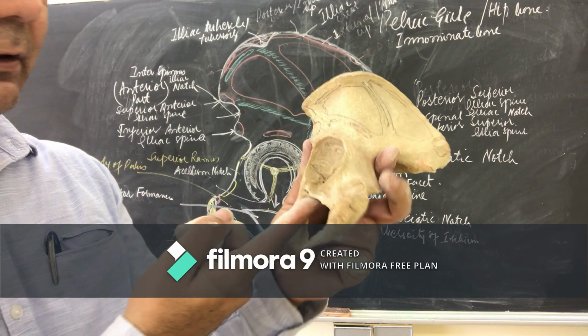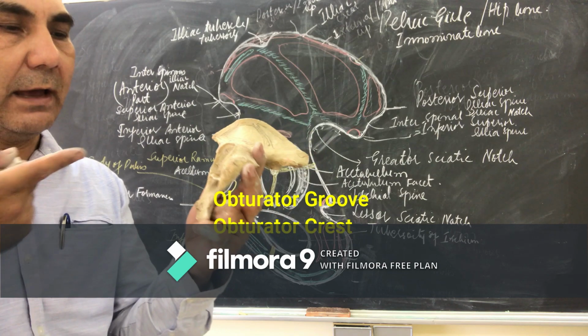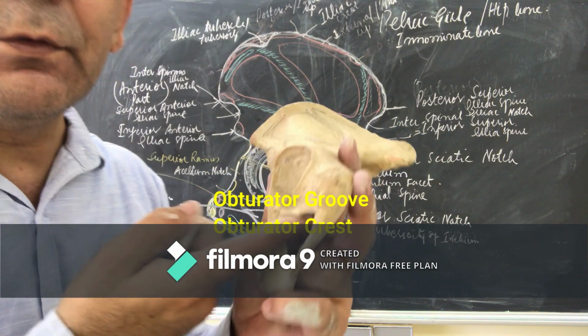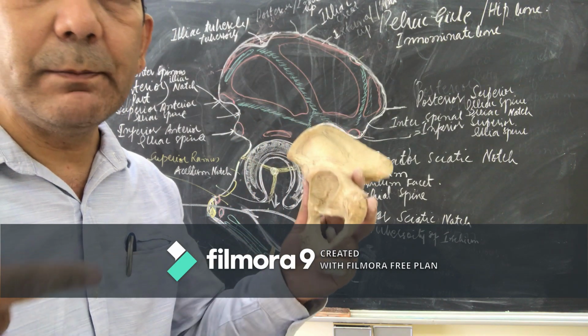Just at the inferior side of the obturator foramen is the obturator groove, and through this obturator groove the obturator nerve and obturator artery pass.